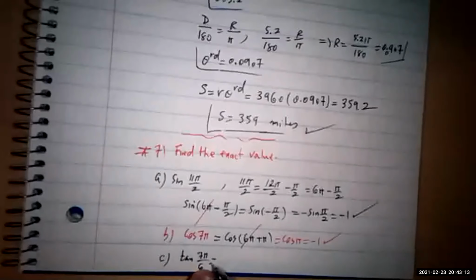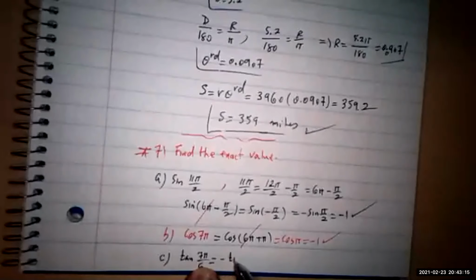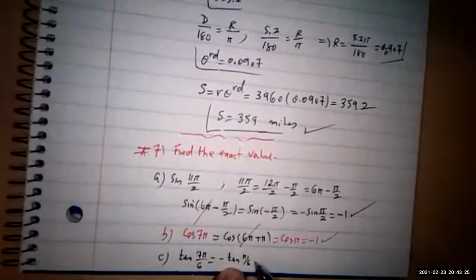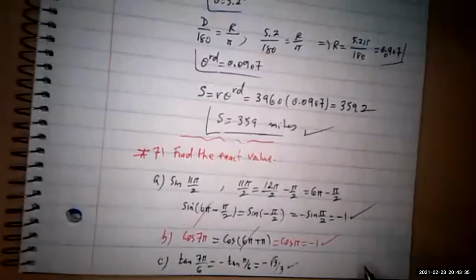It's going to be like the tangent of pi over 6, but you have to find the sine and the cosine to get this number. Pi over 6, if you remember it, is 30 degrees. That gives radical 3 over 3, I think.